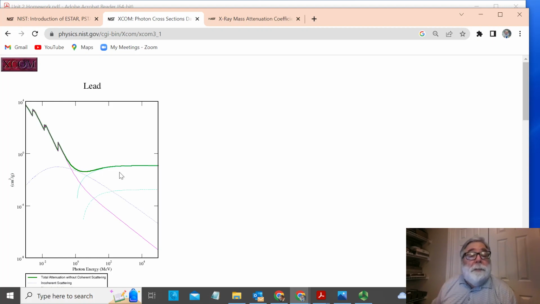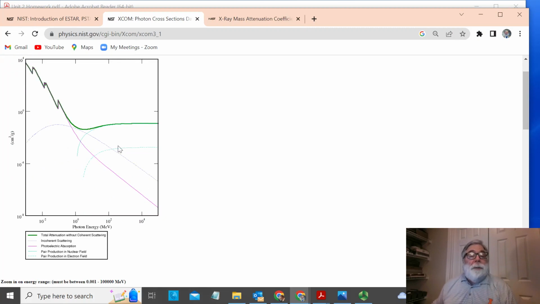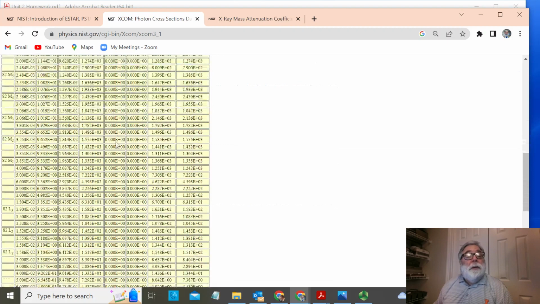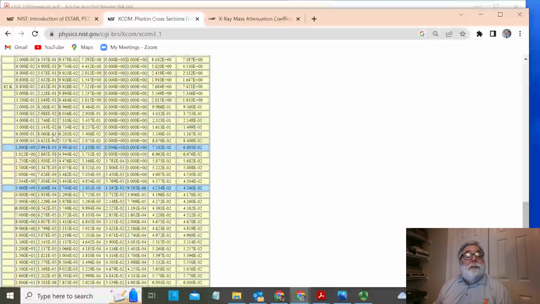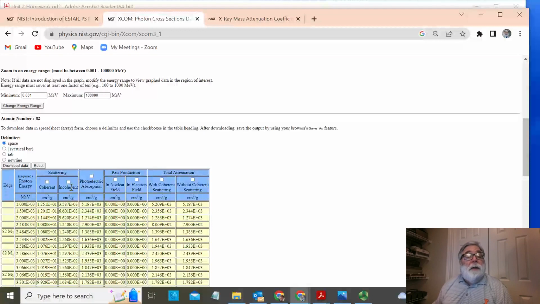And the one that's green with teal dashes is for pair production in the electron field, or triplet production. So you can see the relative probabilities of each at 1 MeV and 3 MeV. But we have data, so let's go down to the data we're interested in. We're interested in Compton scattering, photoelectric absorption, and pair production.